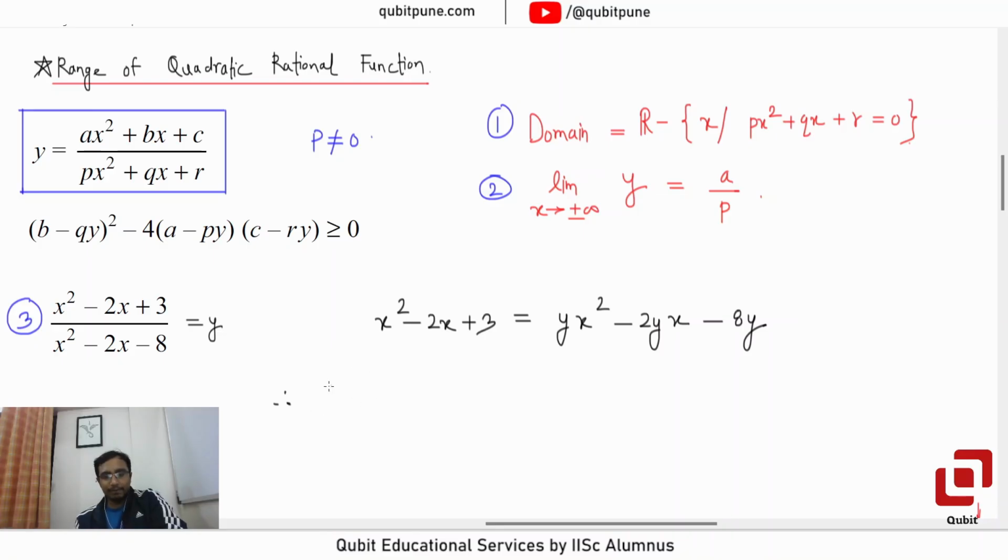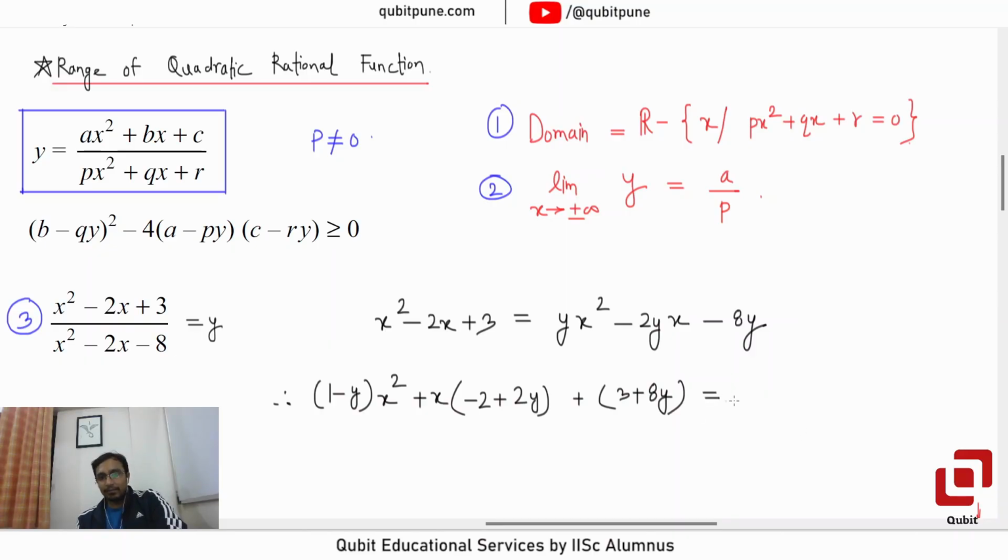So what will we have? We will have (1 minus y) into x squared. Then for x, we have negative 2 plus 2y. And for the constant term, we have 3 plus 8y. Is that clear? Yes, sir.